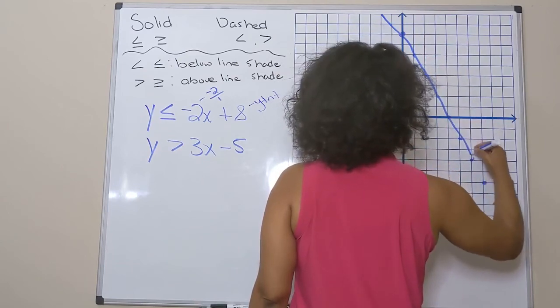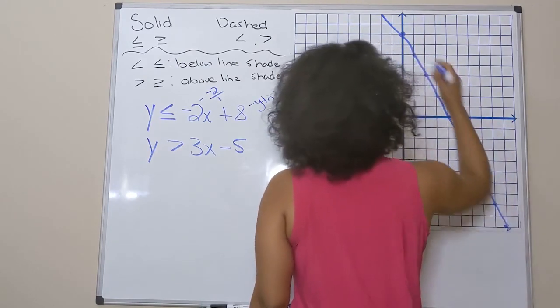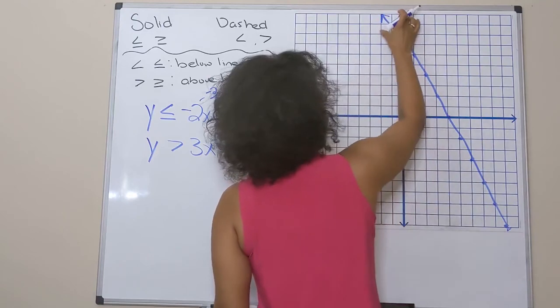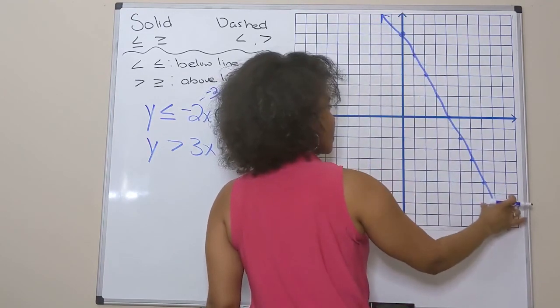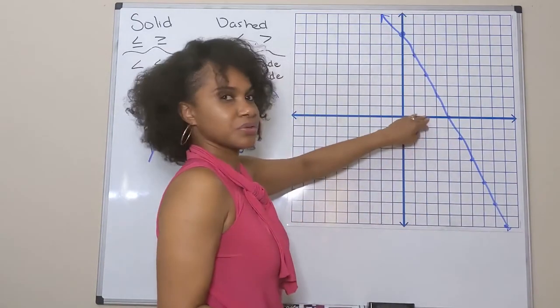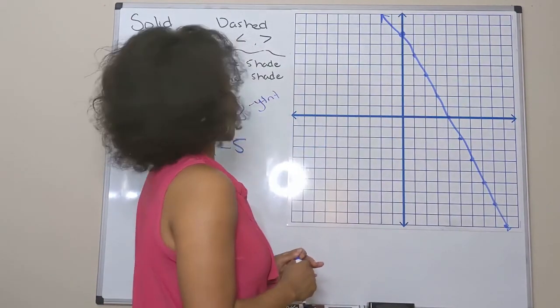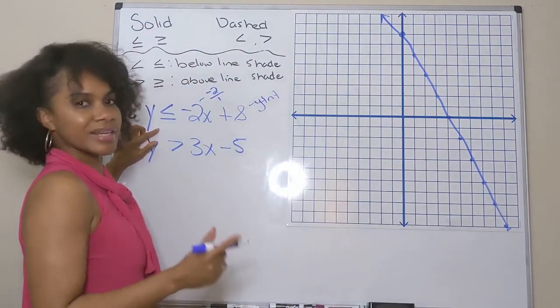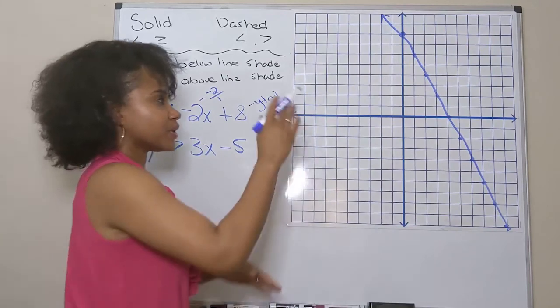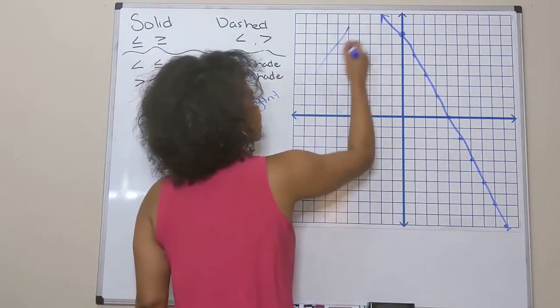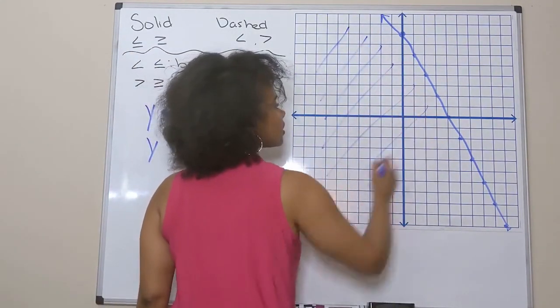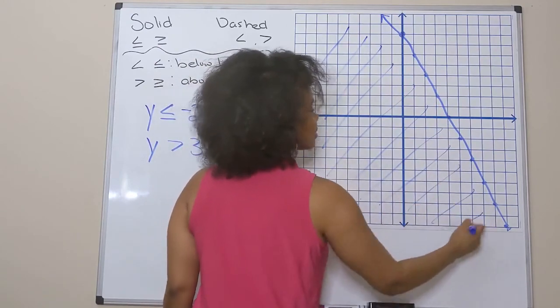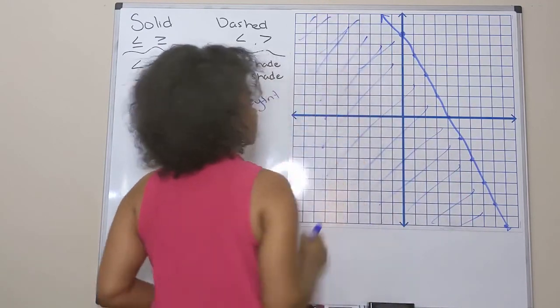Try to draw it as straight as possible. So that means all the solutions on this line would be included for solutions for the inequality. This is less than or equal to, so I'm going to shade below the line. Shading below. So we graph this first one.